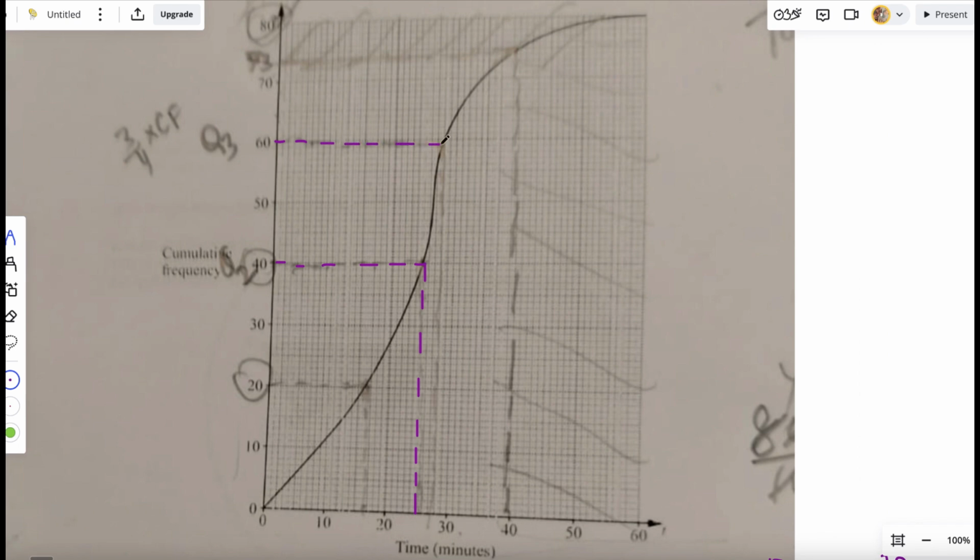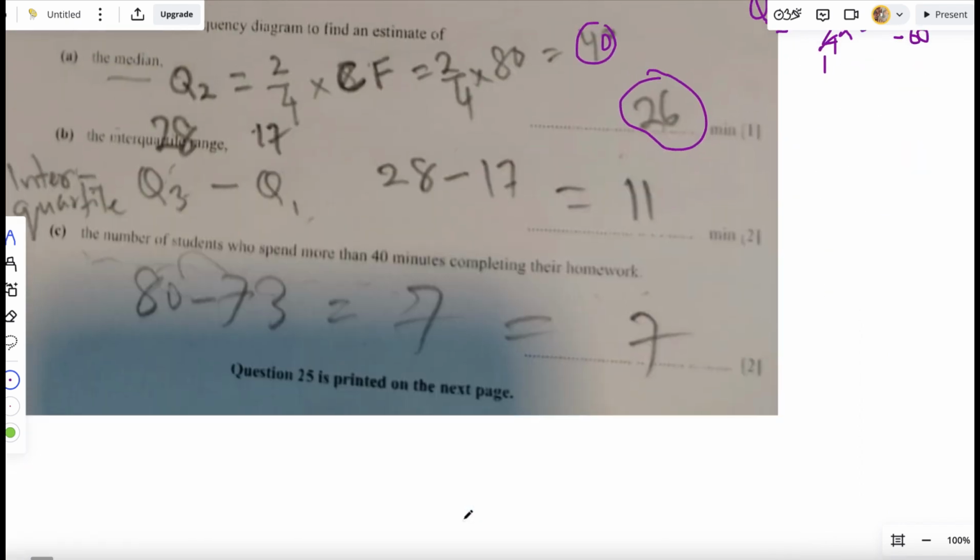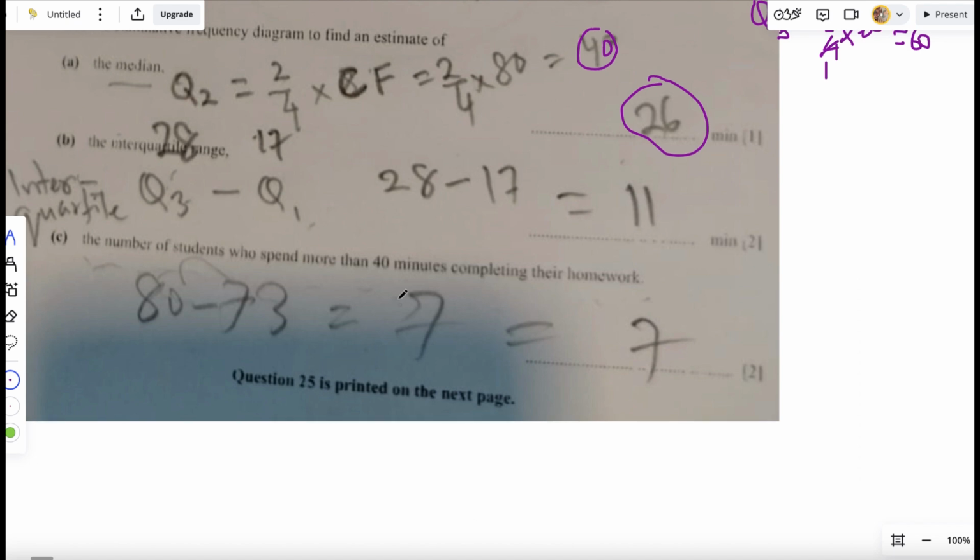When you reach the cumulative frequency curve, you trace the value down to know the time interval for the upper quartile. I think this time is around 28. So the time interval for Q3 is 28. So we write it here.